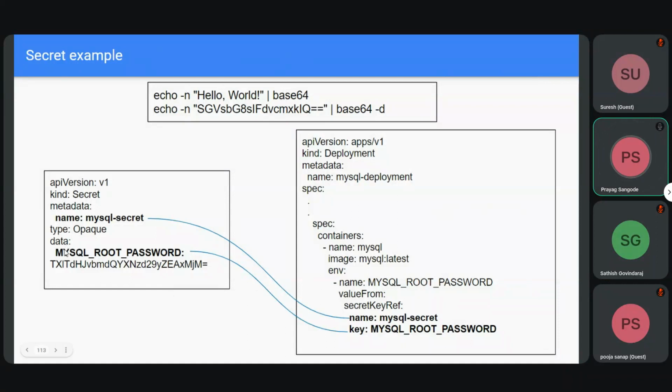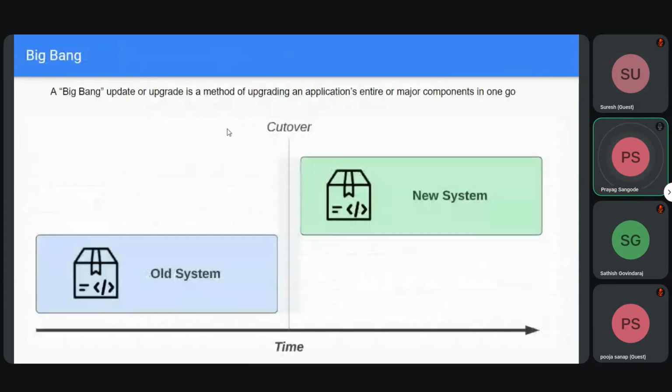Here the key is MYSQL_ROOT_PASSWORD. It will just refer to this secret and add the password, but nothing will be saved in clear text format. Why we are using this, that also I'll explain.